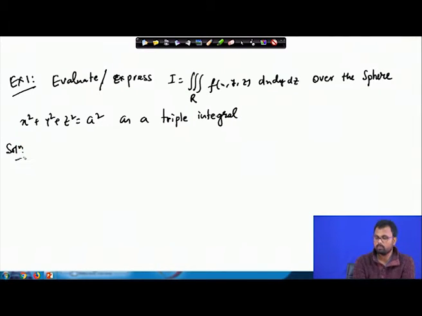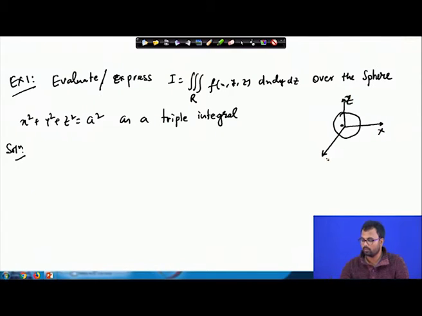So, how can we express this integral as a triple integral? First of all, the given region is a sphere, and a is a finite positive number, so obviously it is a bounded domain. I do not know if we can draw 3D figures correctly, but let us try anyway. This is our sphere with axes x, 0, z and y.